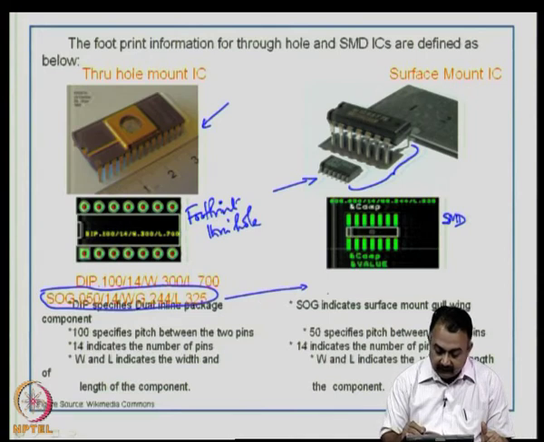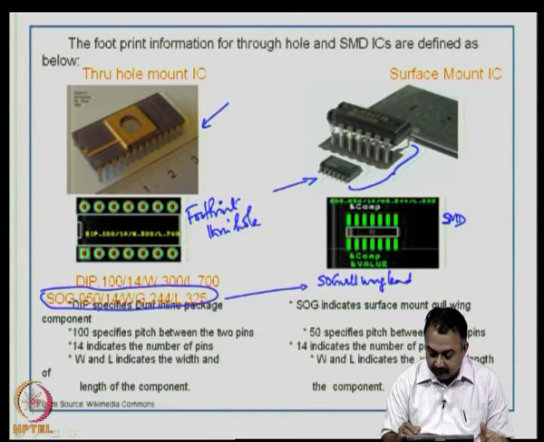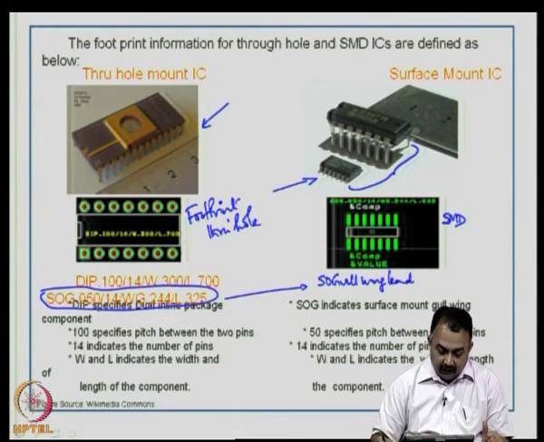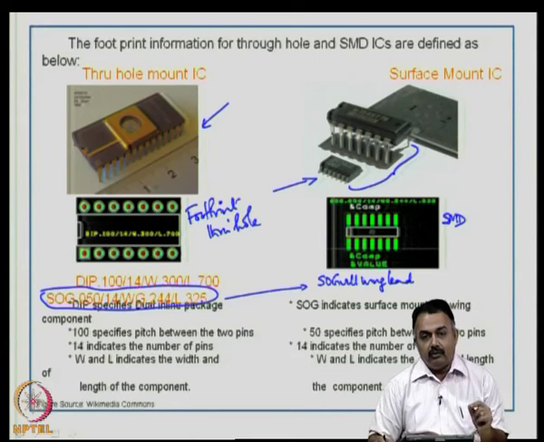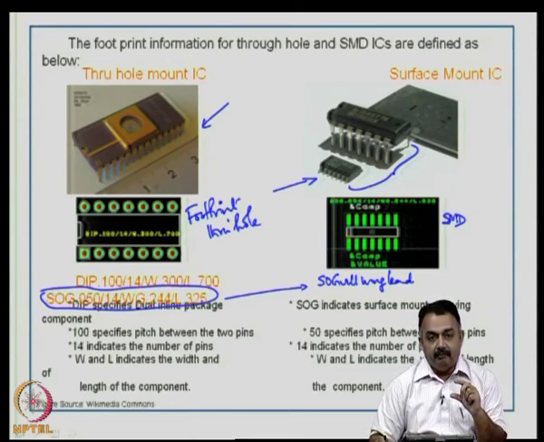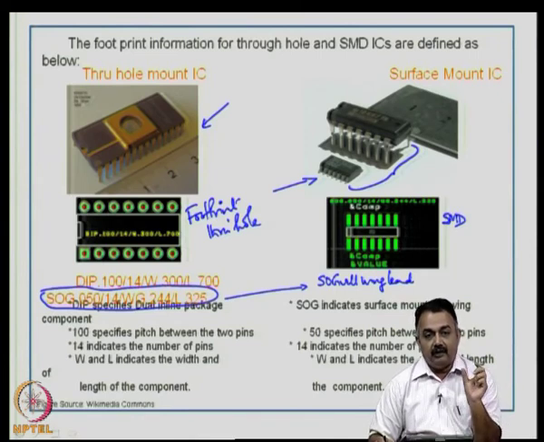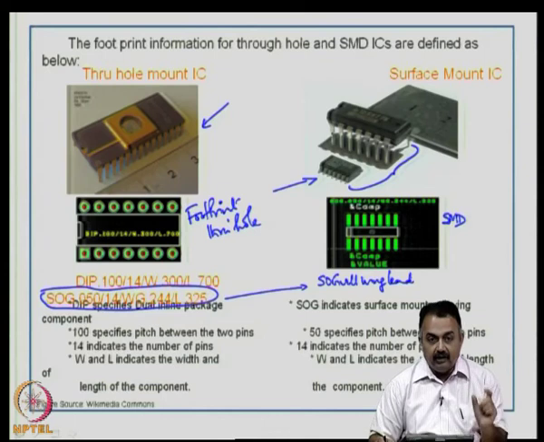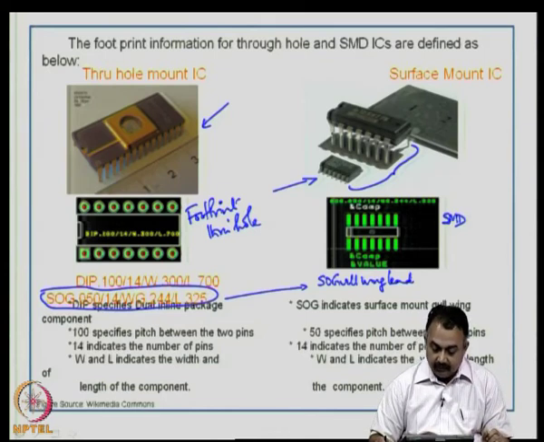It basically is a small outline gull wing lead component. You can see the notations are given here, the number of pins are indicated. So, if you go to the footprint library, you can identify these packages and the corresponding footprints from the reference designations and the naming that is used in the library.